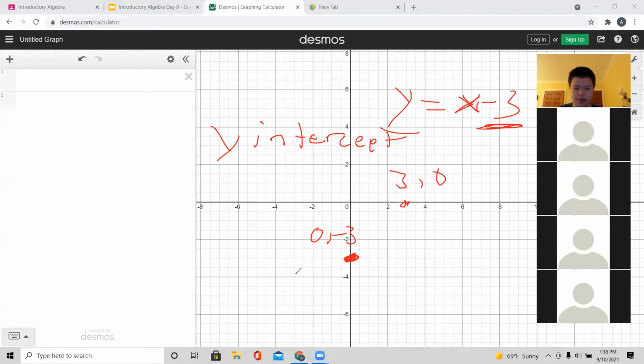Now, we have these 2 points, and since it's a straight line, you can just draw a straight line. A straight line only needs 2 points to determine it.